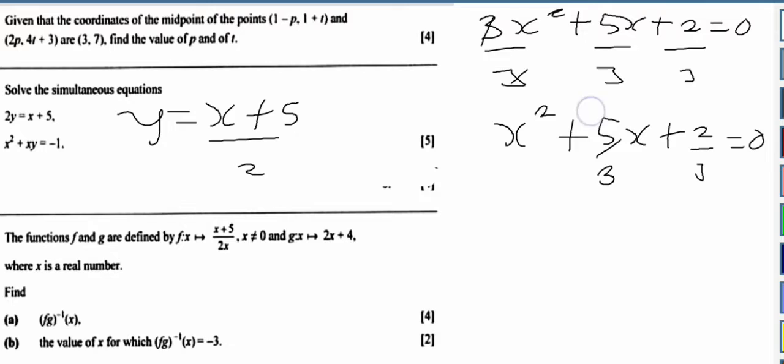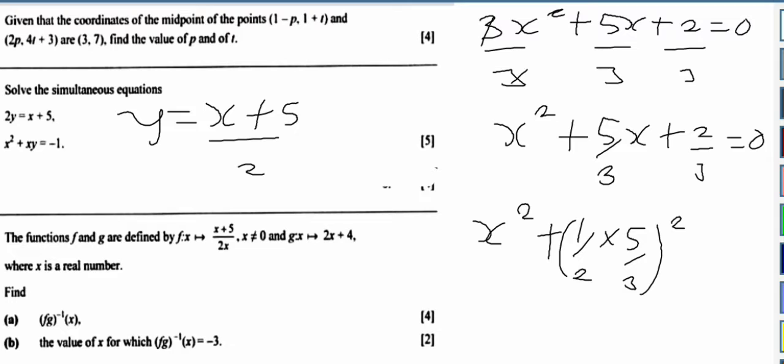To find the half of this one here and square it, we are going to say x to the power 2 plus 1 over 2, which is the half, then multiply by the same number here, which is 5 over 3. Then I'm going to square it.